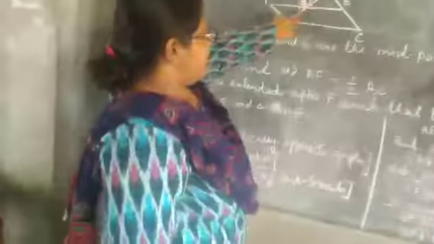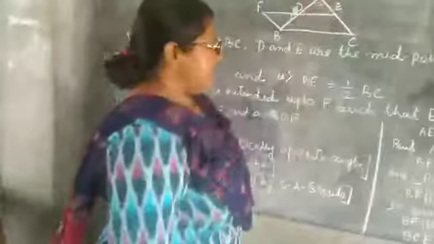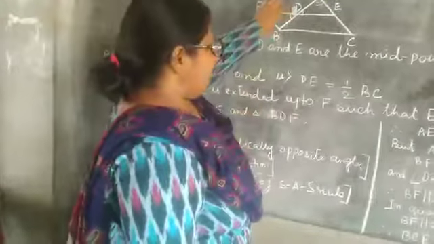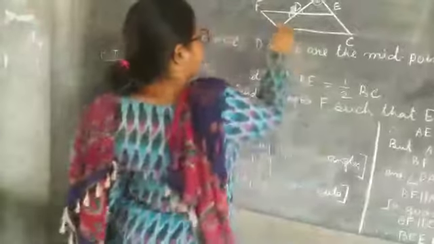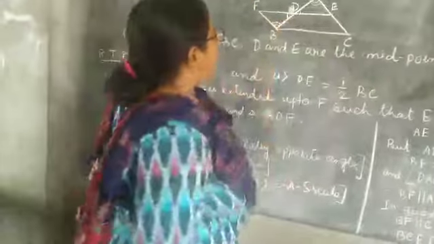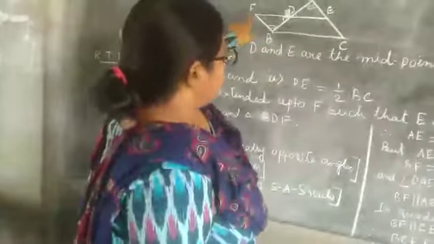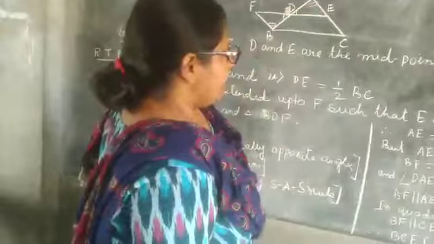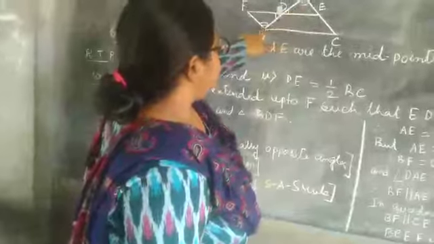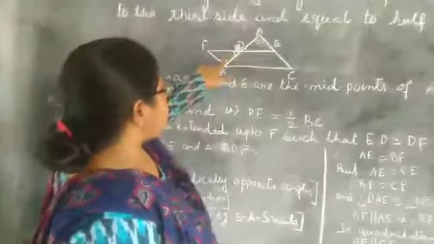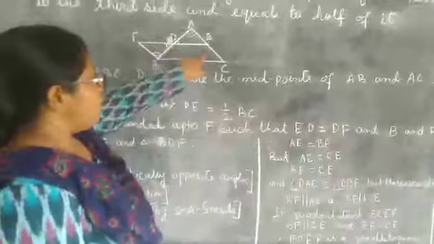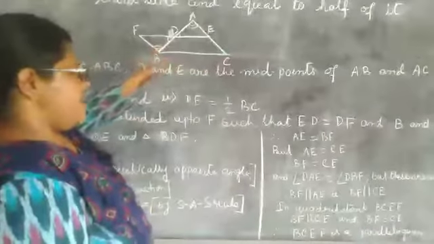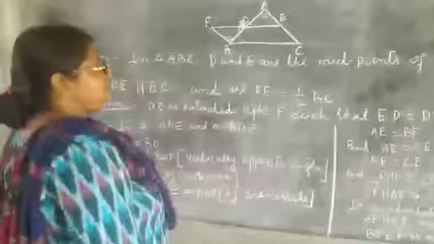And angle ADE is equal to angle DBF, because these angles are alternate angles, and alternate angles are equal. So we can say that BF is parallel to AC and AB is its transversal.